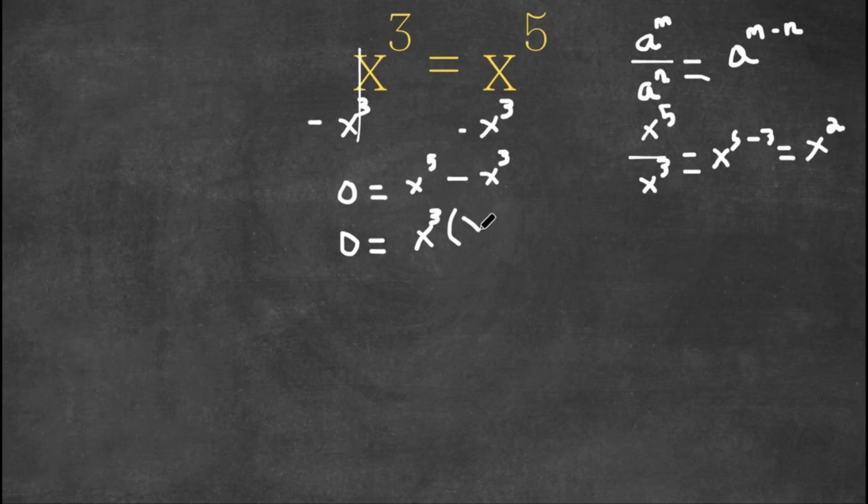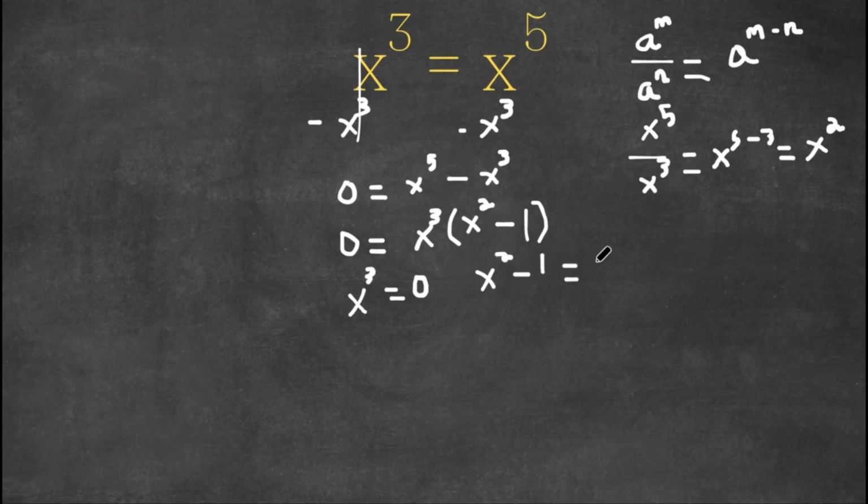So we have x to the power of 3 times x squared minus x to the power of 3 divided by x to the power of 3, which is simply 1, because anything divided by itself is 1. So now we have two equations from this. We have x to the power of 3 equals 0, and x squared minus 1 equals 0.